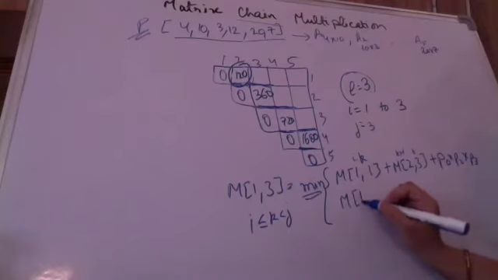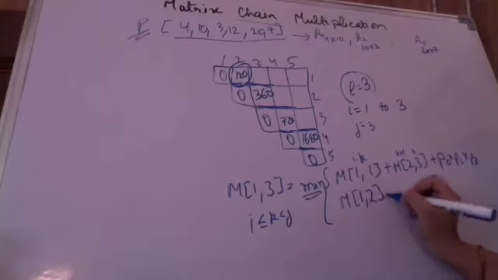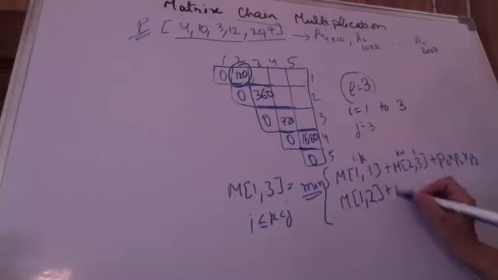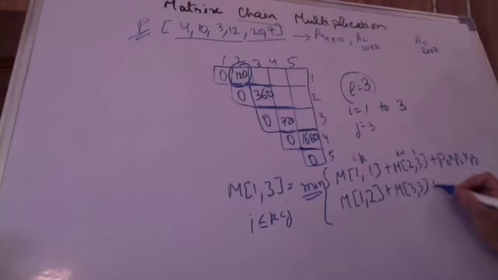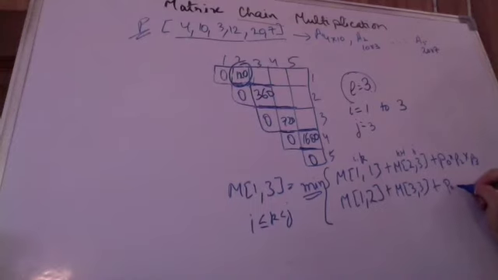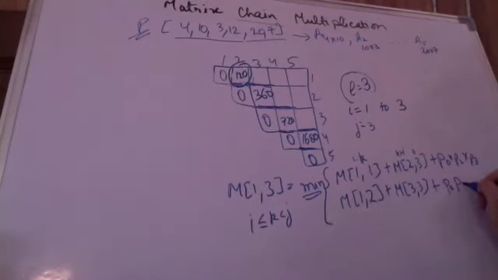Second, when k is 2, plus this would be M of k plus 1, which is 3,3, plus again multiplying the order, this will be P0 into P1, sorry.